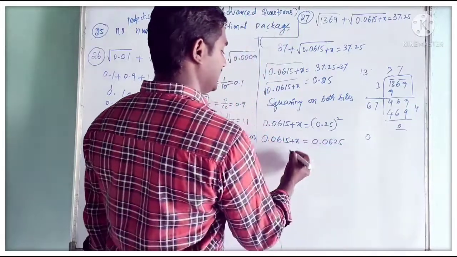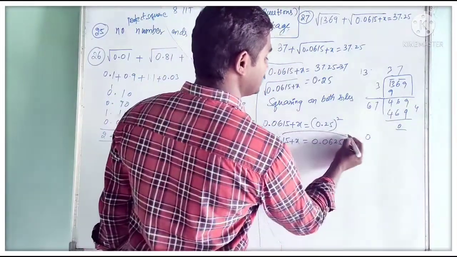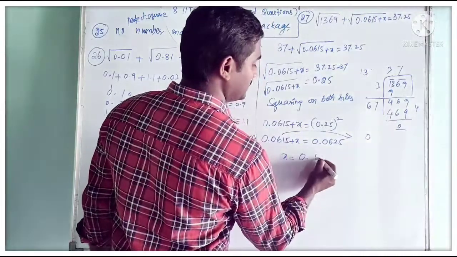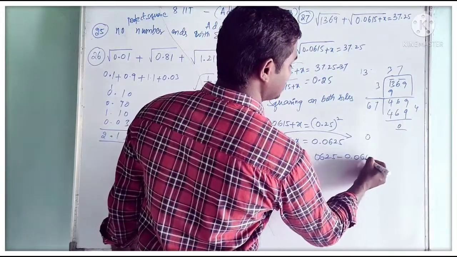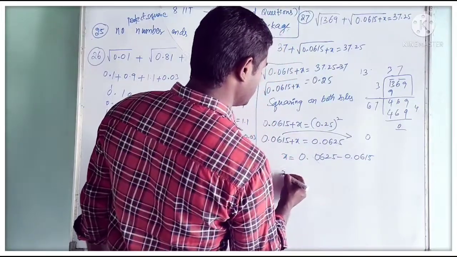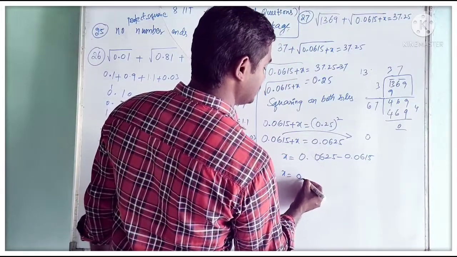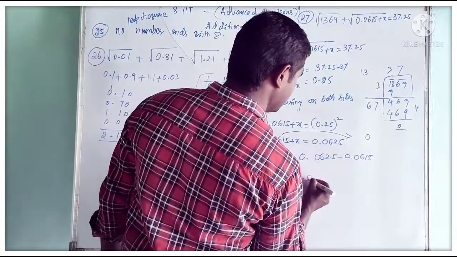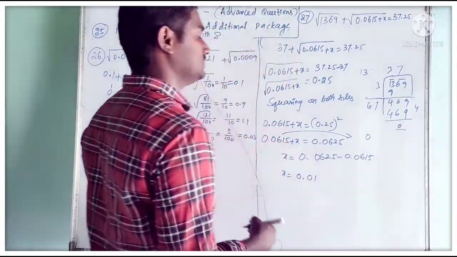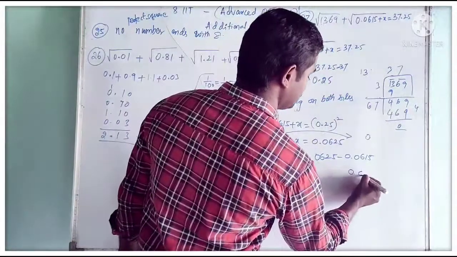This x is equal to, you can transpose to the right side, 0.0625 minus 0.0615, which is equal to 0.001 will come. Let us see.